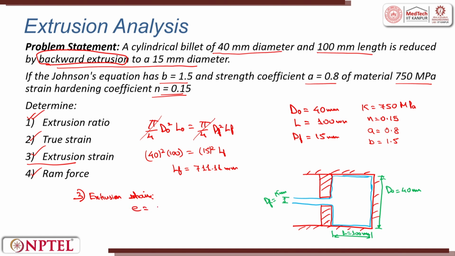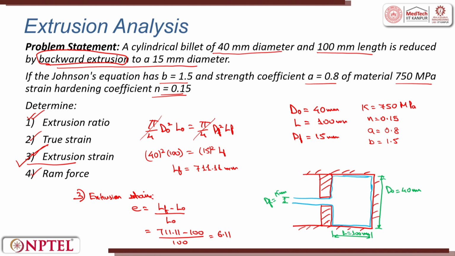So E is equal to final length minus initial length by the initial length, which is equal to 711.11 minus 100 by 100. This is equal to 6.11. This is the extrusion strain. Now this part is done.